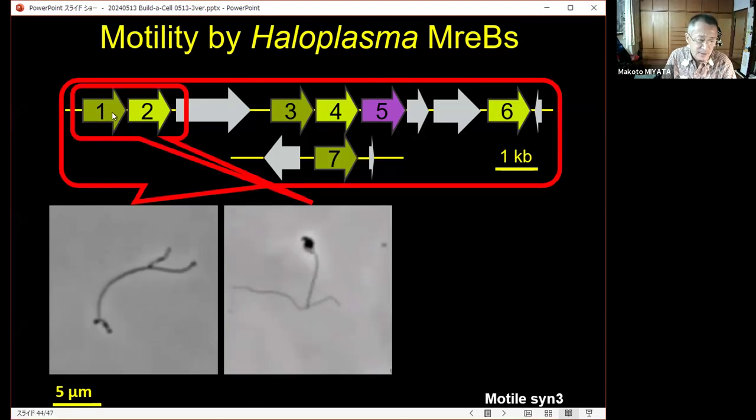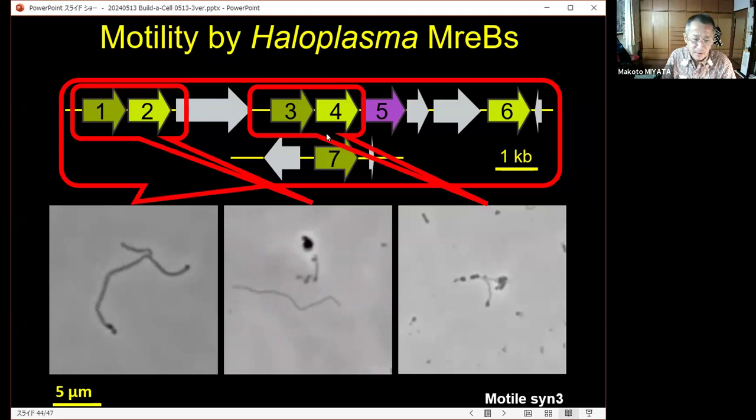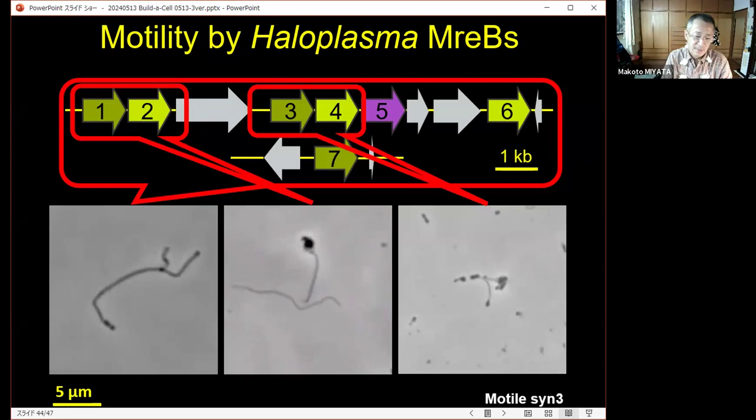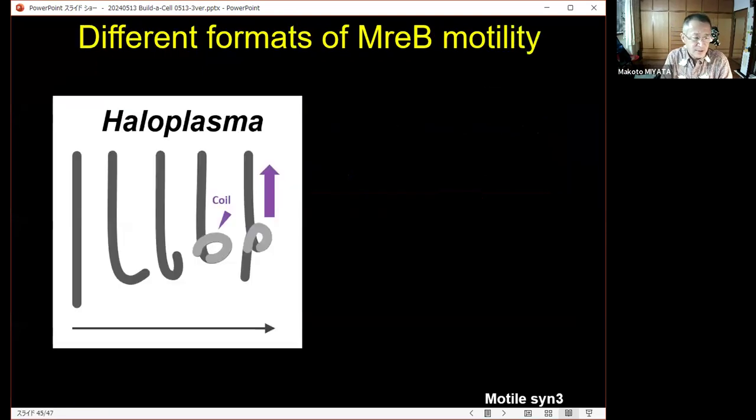Just 1 and 2 gave this coiling motility, and 3 and 4 gave another. This is one pattern of the coiling motility, but they showed a discontinuous, curving motility. So as you can see, the Haloplasma motility is curving or coiling.